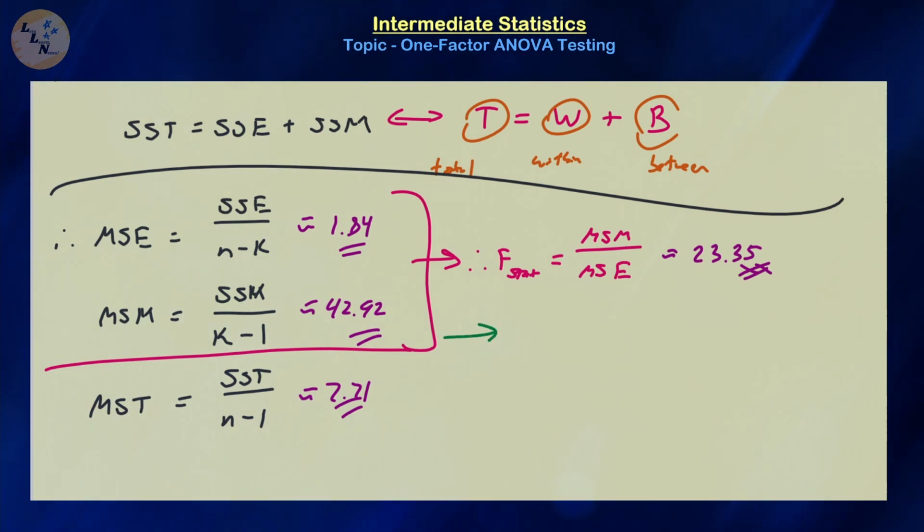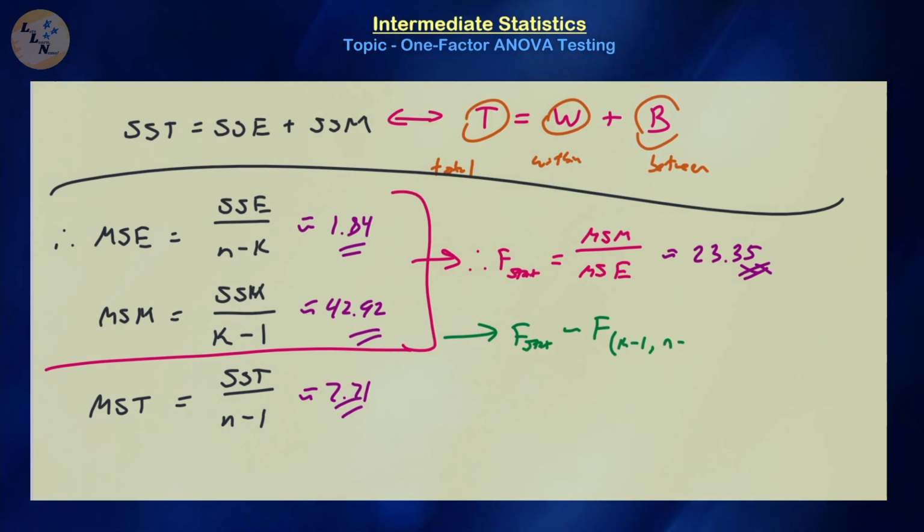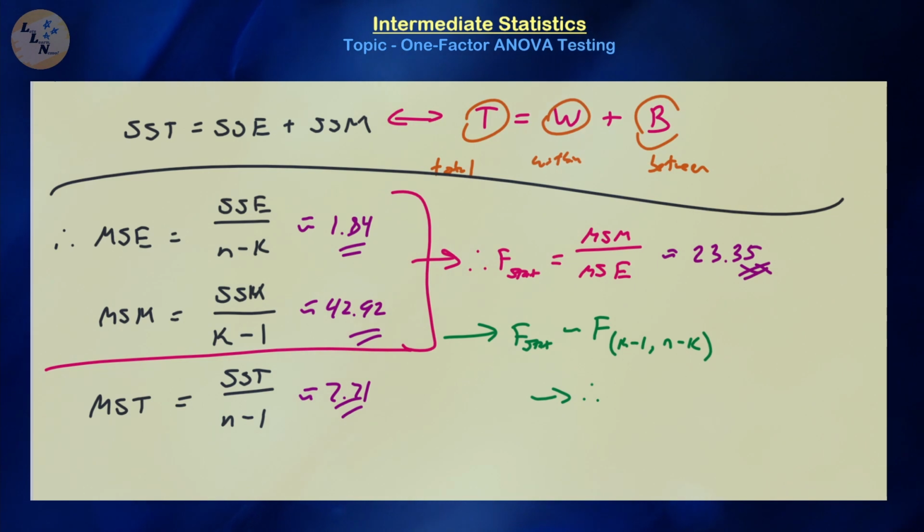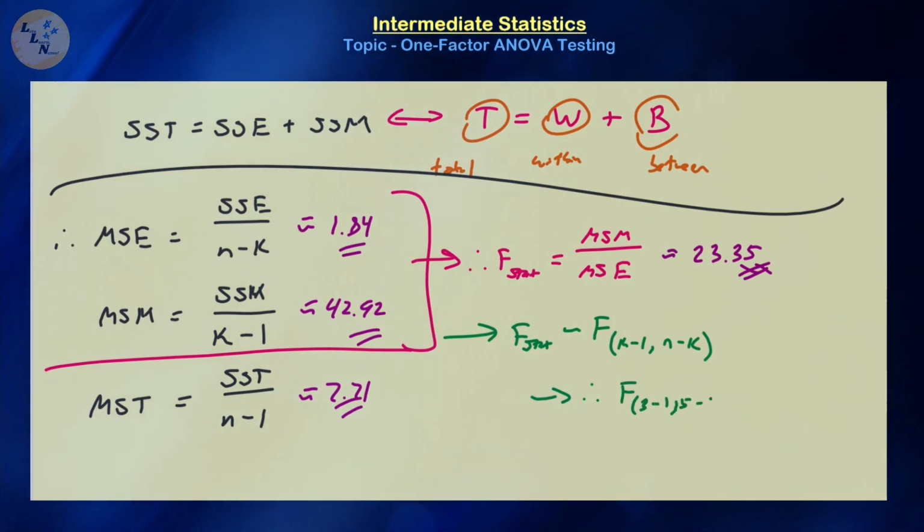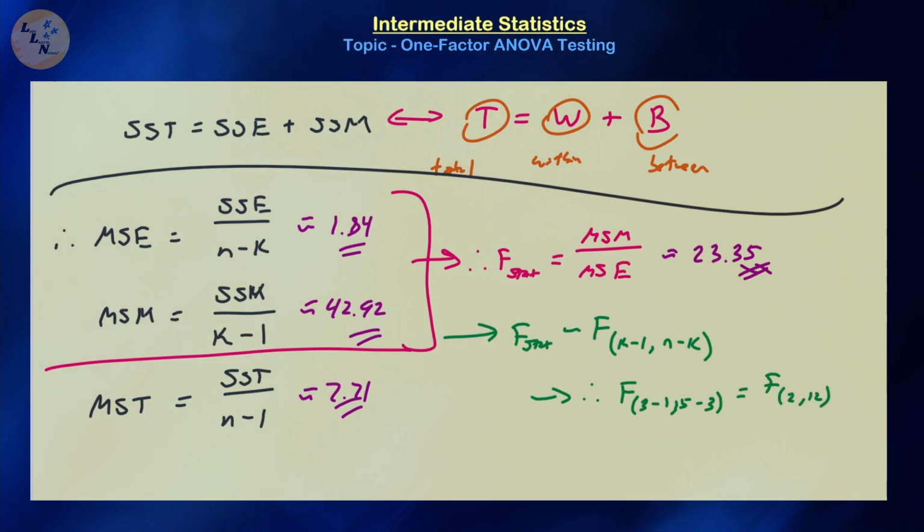And keep in mind, the F-test statistic for this one-factor ANOVA is going to be associated to an F distribution with k minus 1 comma n minus k degrees of freedom. So that means for our particular example, we're going to be associating this to a 3 minus 1, 15 minus 3 distribution, or an F(2, 12) distribution.